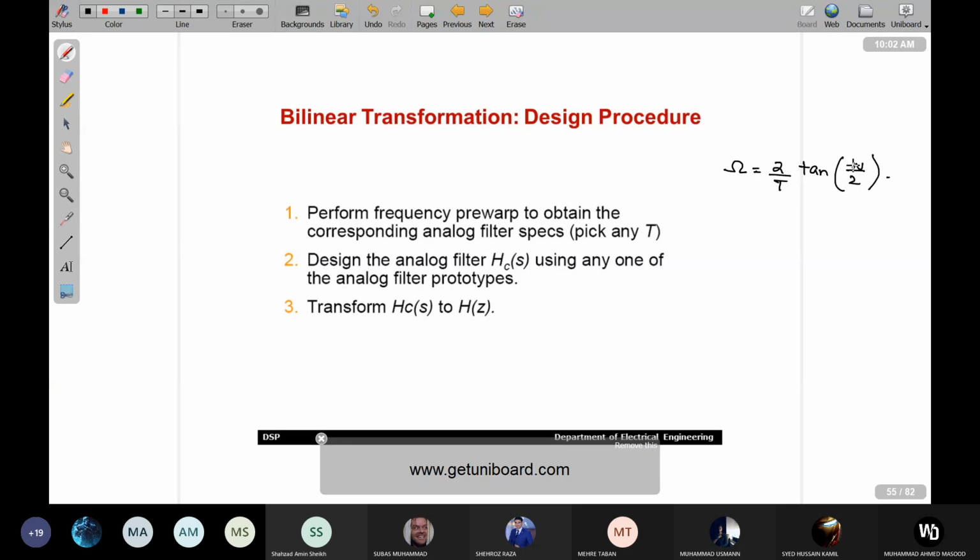So that's frequency pre-warping, moving from small omega to capital omega. So perform frequency pre-warping to obtain the corresponding analog filter specs. Pick any T. We are picking T equal to 1 all the time. Design the analog filter. Use any one of the analog filter prototypes. If it is a Butterworth filter, you have the prototype, and transform H(s) to H(z).